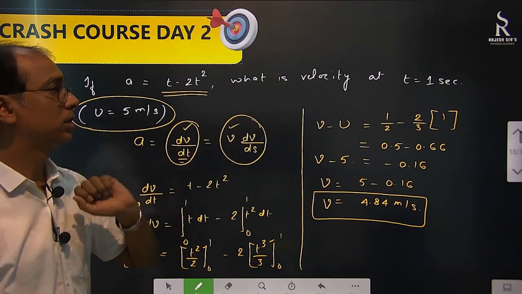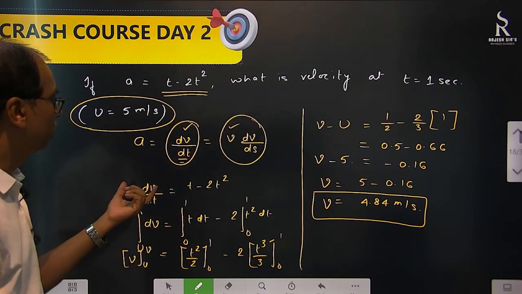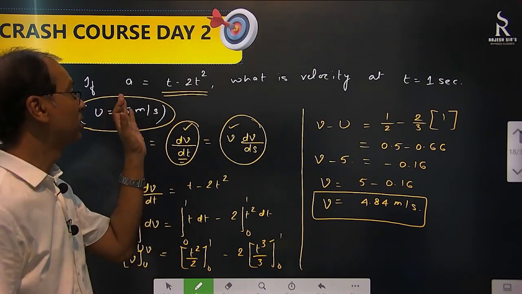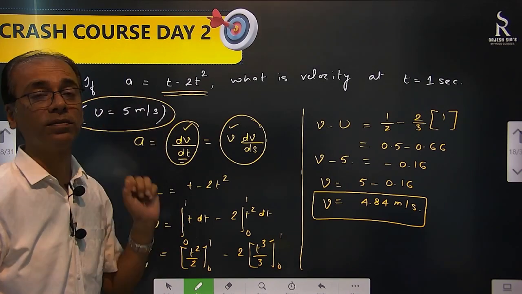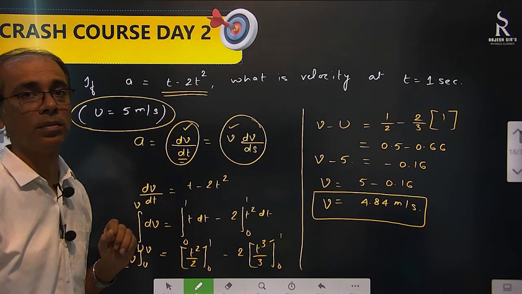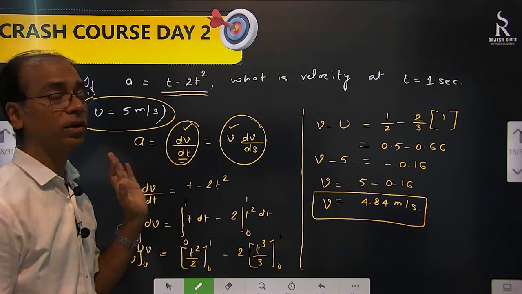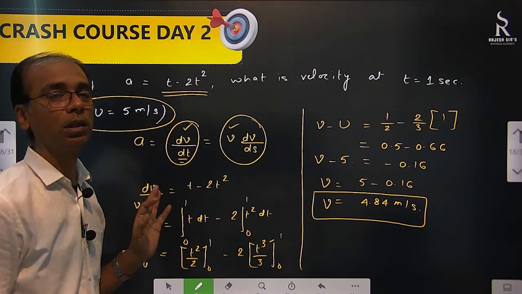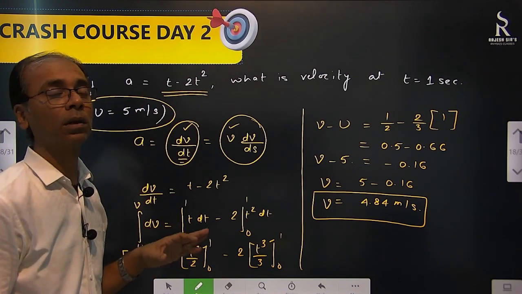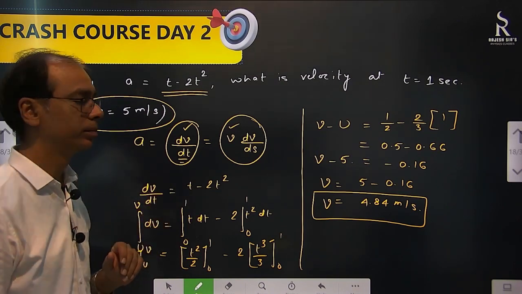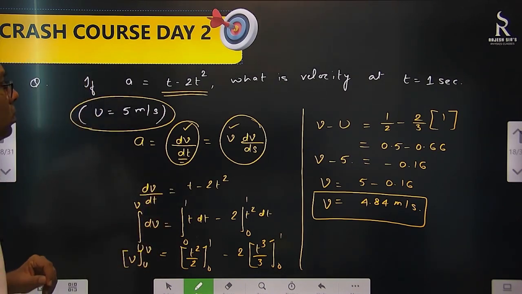What will be the velocity after 1 second? We found it. So whenever acceleration is there, x is there, or v is given as a function of time, that means immediately it should come into your mind that a derivative is going to be used: dv by dt, dx by dt, something we have to do. Clear? Okay, let's move ahead.